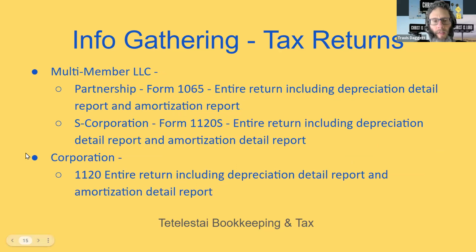If you're a multi-member LLC, if you're a partnership, you'd file a Form 1065. We need those same forms or parts of the return, depreciation, amortization. If you're filing as an S Corp, same as we mentioned prior, the 1120S, depreciation and amortization is what we're mainly going to be looking at. And a corporation, a C Corp, less common in the small to medium business space, but this would be an 1120, and we need the entire return, again, including the depreciation and amortization.